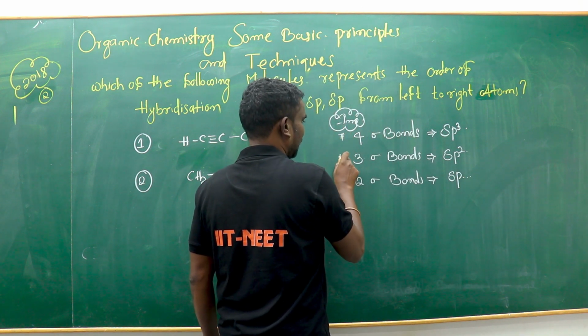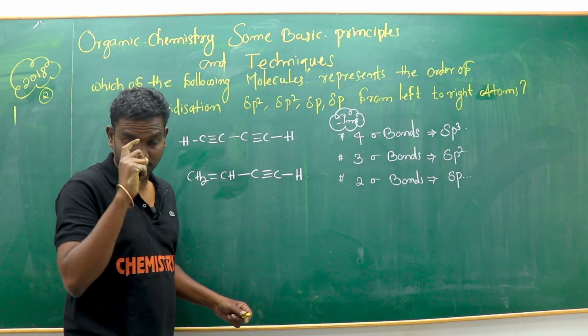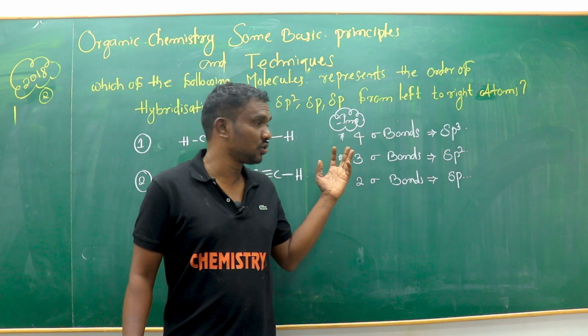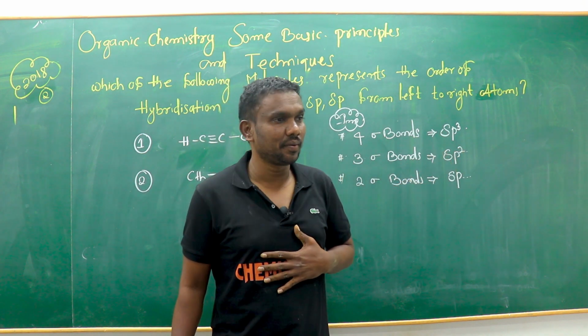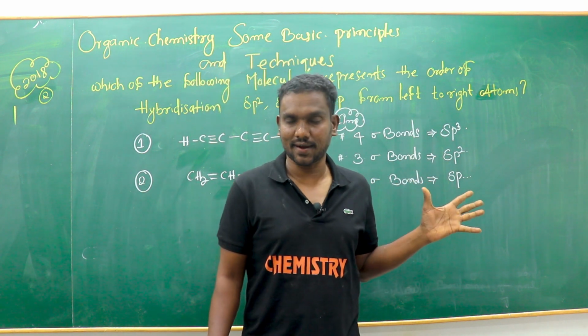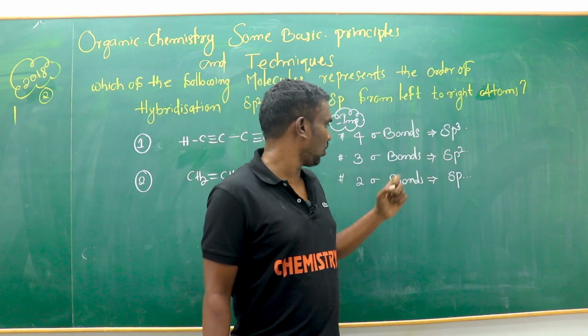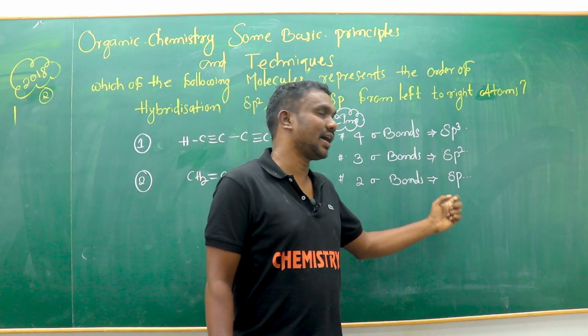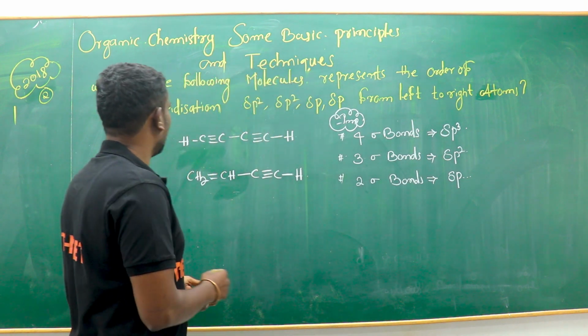I hope everyone is clear. Once again, try to understand, beta. If there are 4 sigma bonds, what is the hybridization? sp3. Sigma bond means single bond. 4 single bonds are present, so that belongs to sp3. If 3 sigma bonds, that belongs to sp2. If 2 sigma bonds, that belongs to sp hybridization.